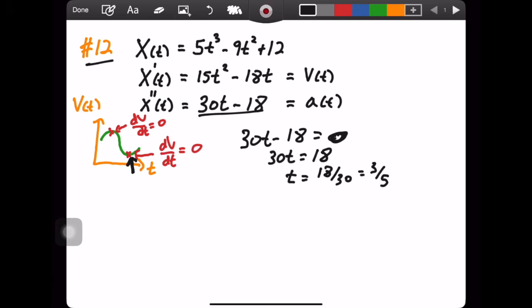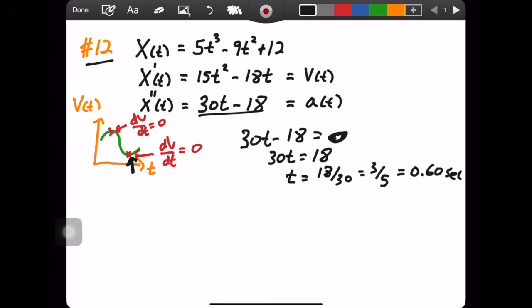If you think, 6 goes into 18 3 times and 6 goes into 30 5 times. And that can be simplified to 0.60 seconds. So t equals 0.60 seconds is going to be one of these maxima or minima.